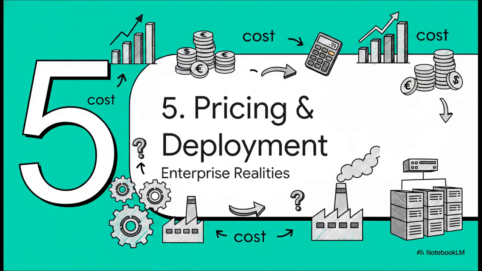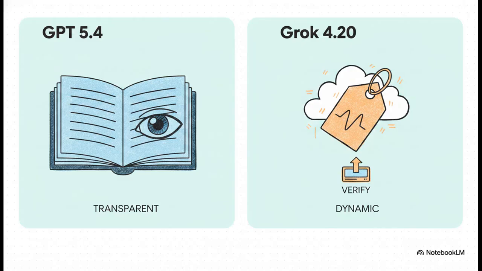Okay, let's talk brass tacks, the practical stuff. What does all this cost? And is it actually ready for big companies to use? When it comes to pricing, OpenAI is incredibly detailed and transparent. What you see is what you get, broken down by region, service tier, the whole thing. XAI uses a more dynamic pricing model.